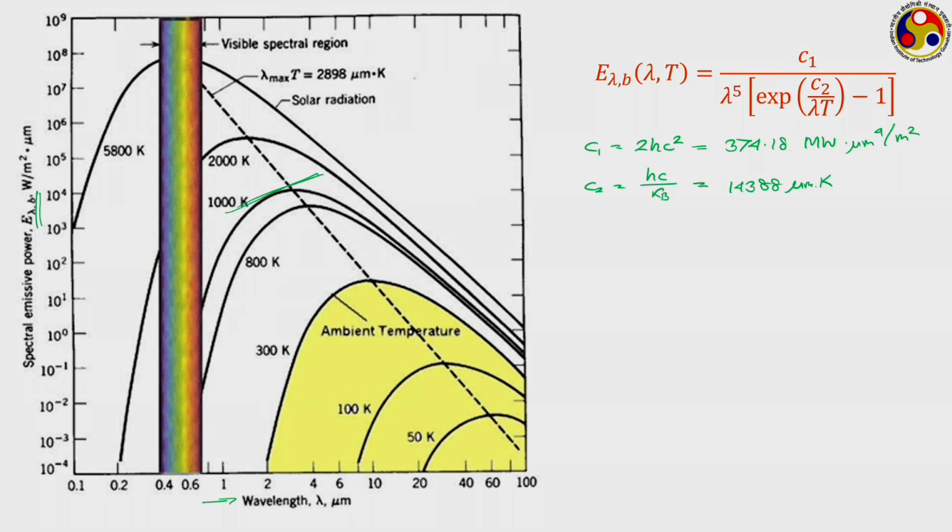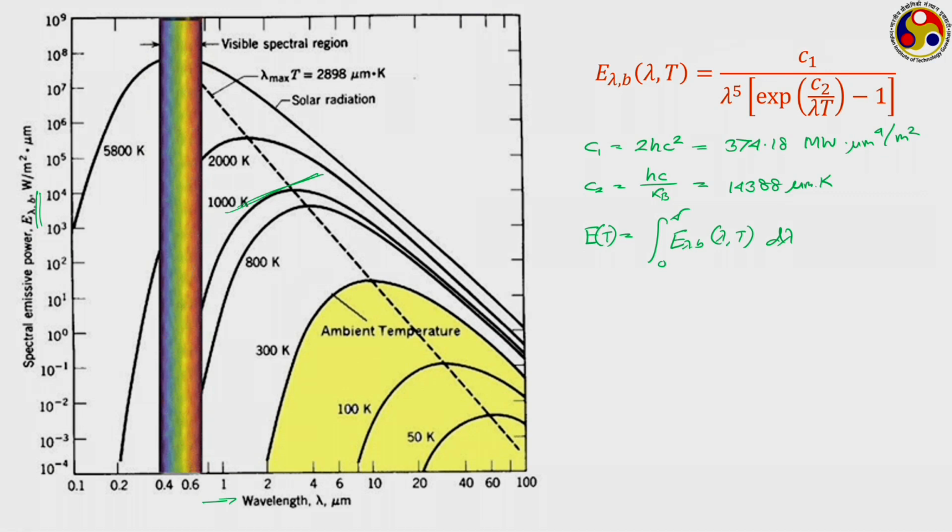So, C1 and C2 are given, and now if we want to know the value of total emissive power from this surface, then it will be equal to the integral over 0 to infinity, and this total hemispherical emissive power is a function of temperature.